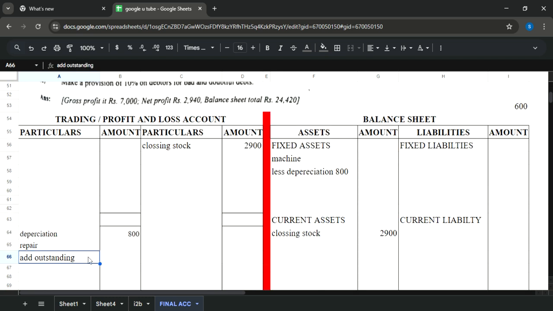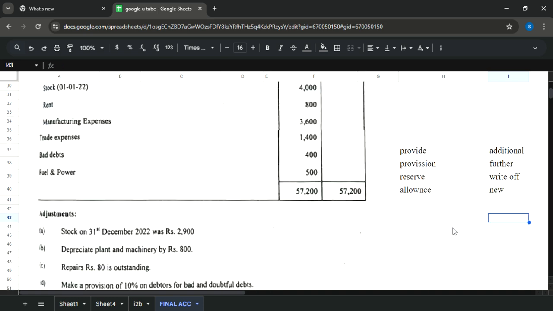So you are going to write 80 over here. And then the second effect we will do in current liabilities. So you are going to write outstanding repair, and the amount is 80, which is going to be written in current liabilities. So guys, two adjustments, rather three adjustments are completed.